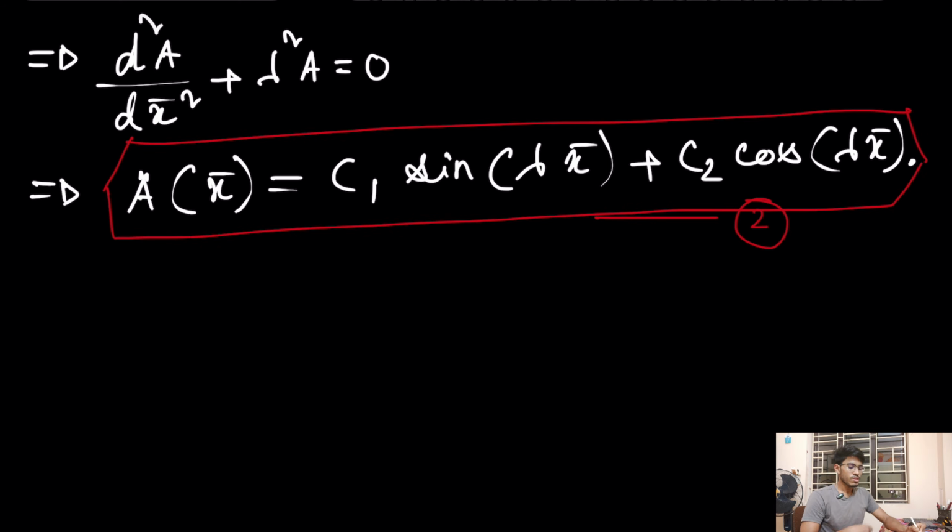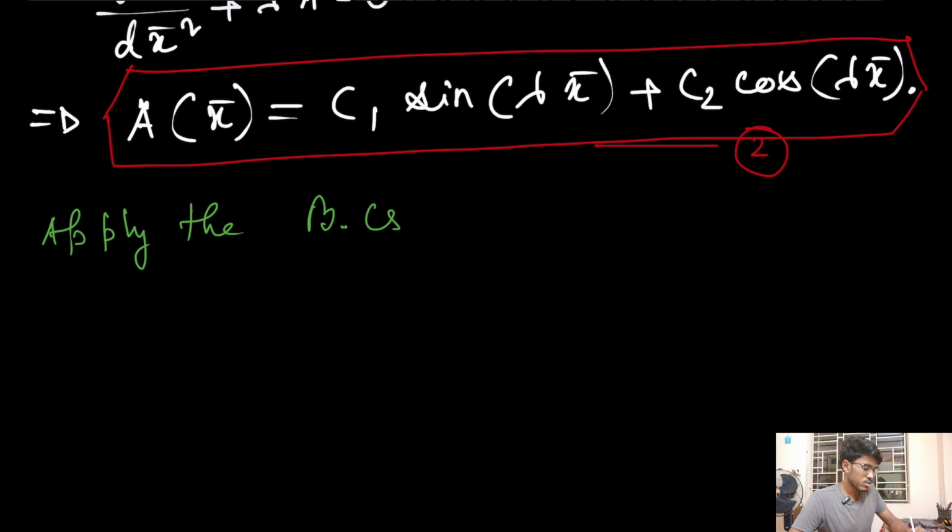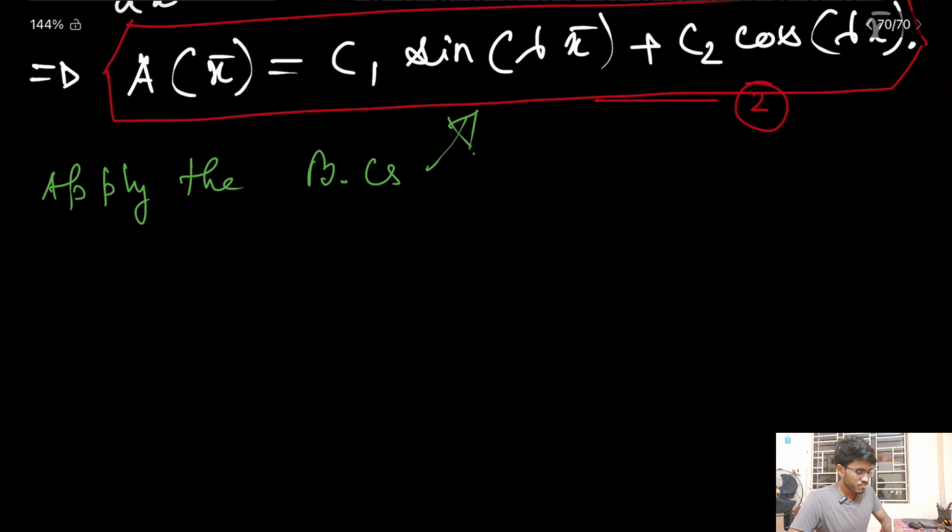Now apply the boundary conditions here. See, a is a function of x bar only, so the x bar dependence of theta is actually coming from a.